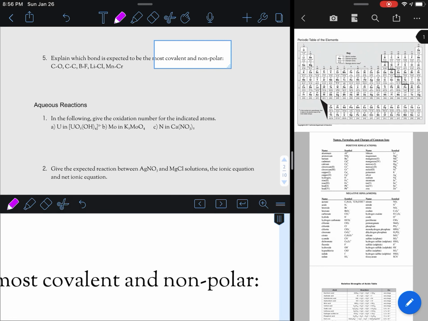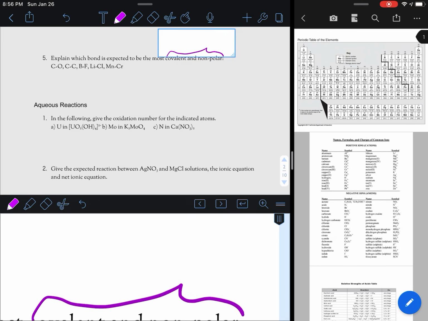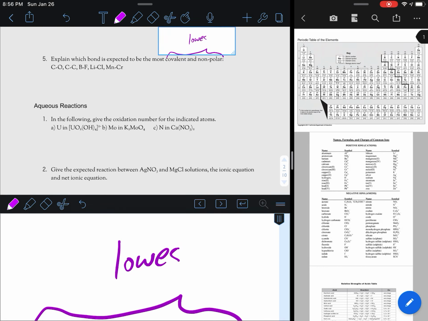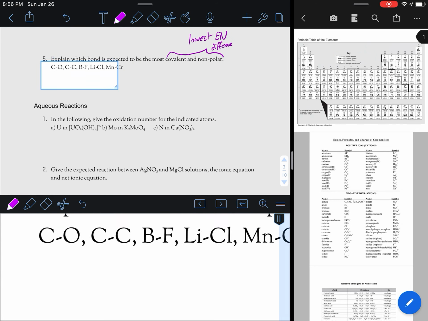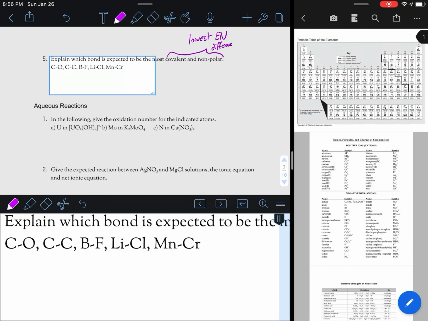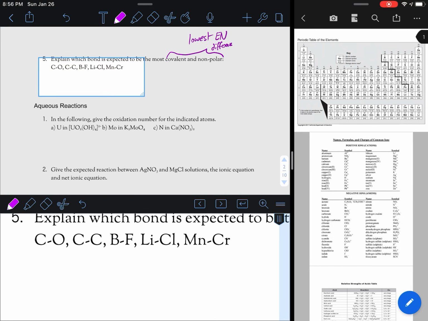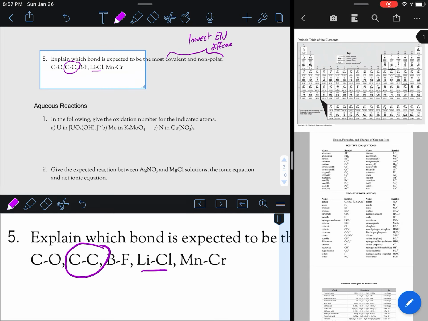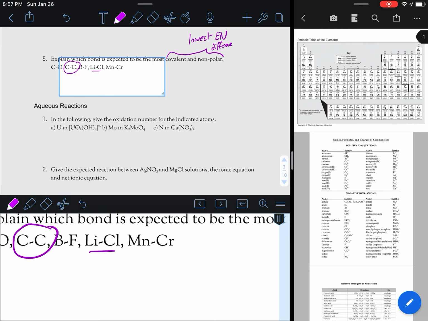So this would be lowest electronegativity difference. And this is supposed to be a strikeout in the park kind of thing, and you're supposed to knock this ball out because only one of those is a pair of atoms that are identical. This is a true ionic bond. It's lithium and chlorine, so this is an ionic bond.